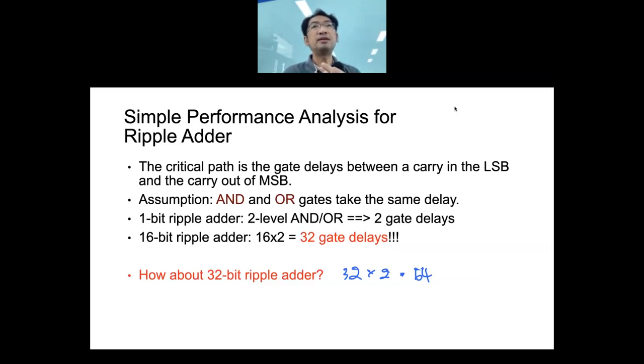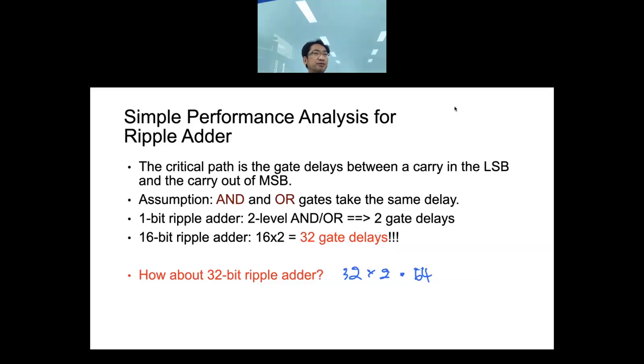If you remember, in the very first class, when we discussed computer performance, I asked you why don't we have a 128-bit CPU? Why don't we go for a larger data size processor?